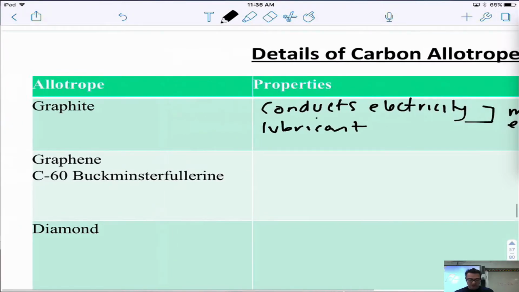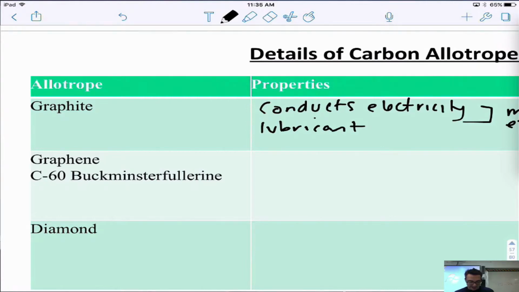They also expect you to know that graphite has sp2 hybridization and trigonal planar geometry.